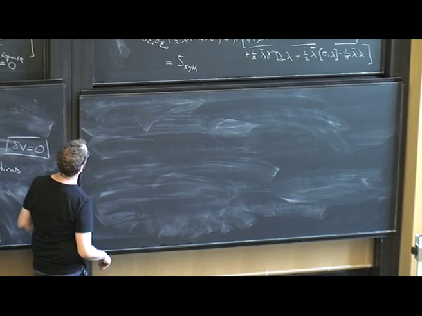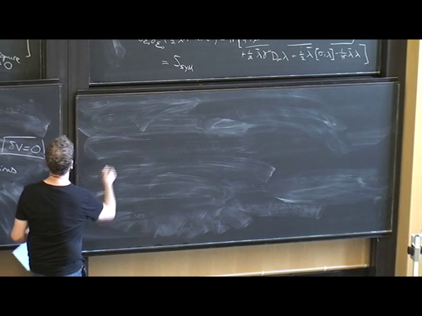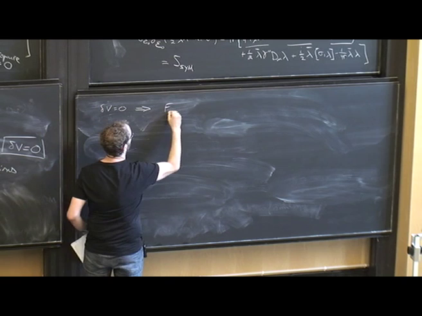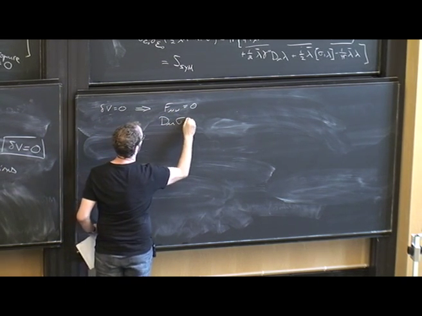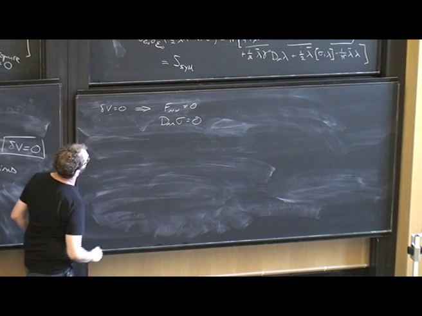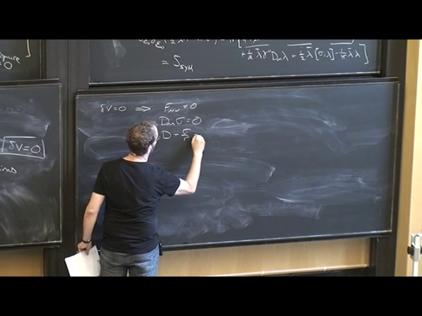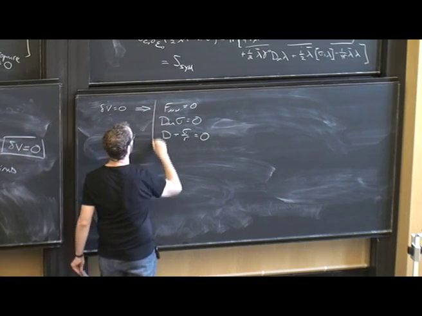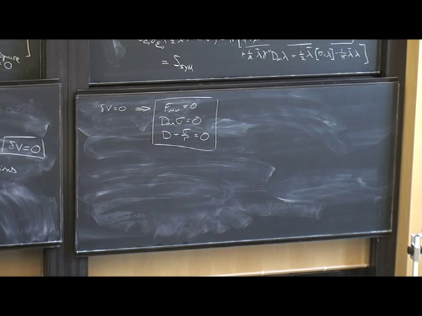So anyhow, you have a sum of 3 squares, so delta V equals 0 implies F mu is equal to 0, D mu of sigma is equal to 0, and D plus sigma over r is equal to 0. So this is the space of solutions that we need to integrate over.